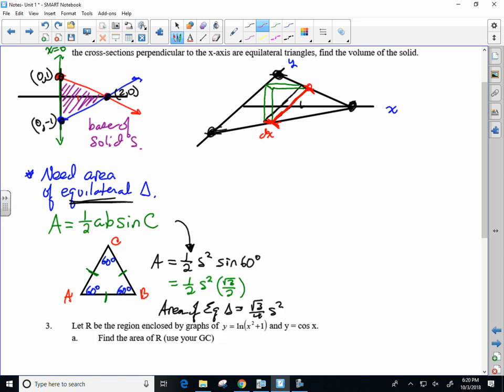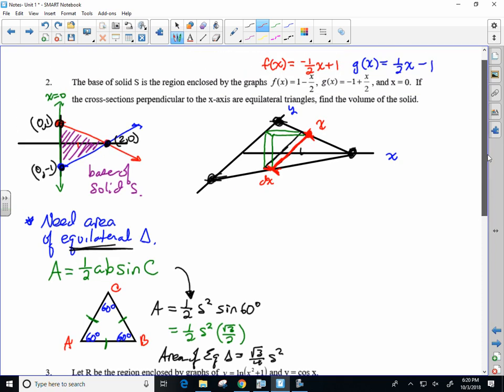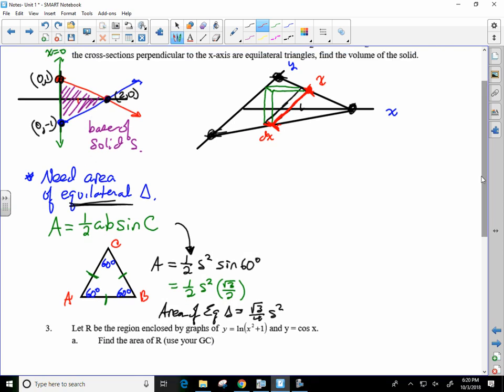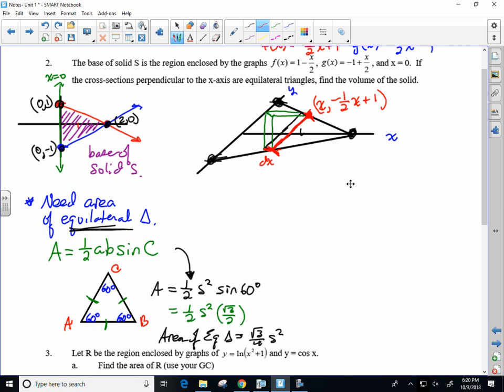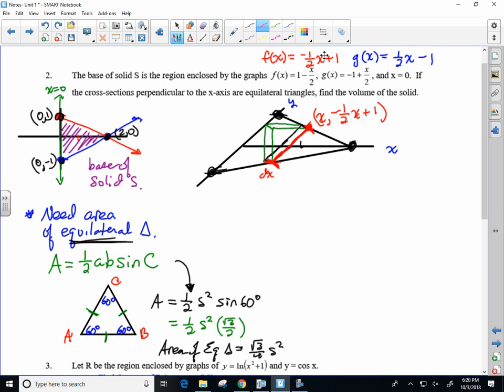This one has coordinates. If we think about the coordinate at this location, of x comma negative 1/2 x plus 1, because it's x comma y, and the y value for any point along this line would be the expression itself.